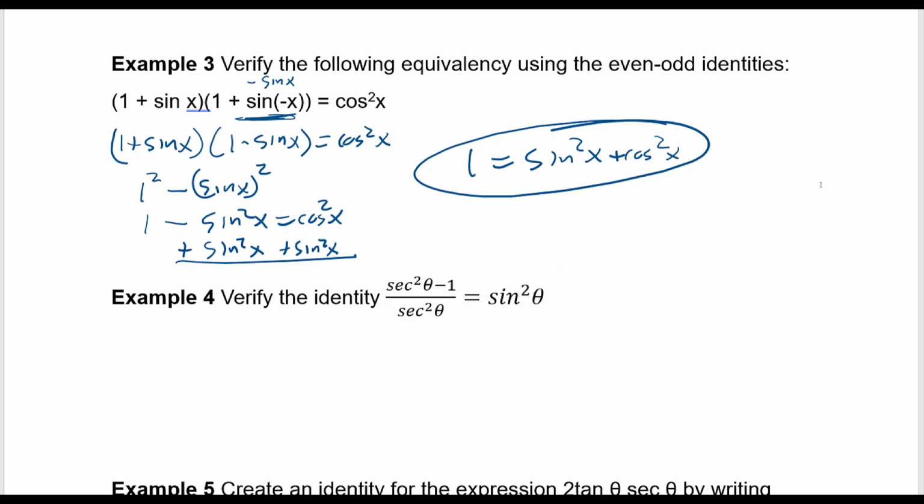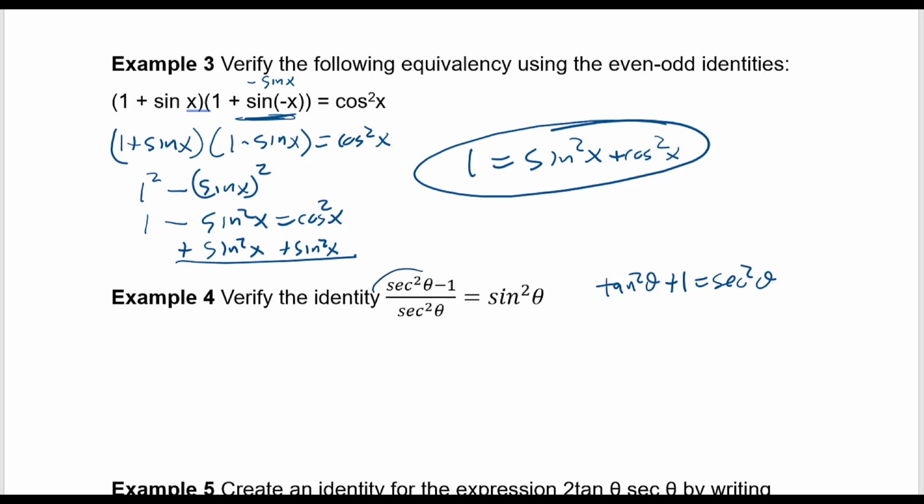Okay, the next one. Verify the identity, secant squared theta minus 1 over secant squared theta is sine squared theta. Okay, so what we do have is the relationship that says that tangent squared theta plus 1 equals secant squared theta.